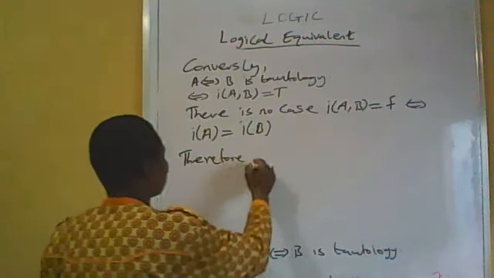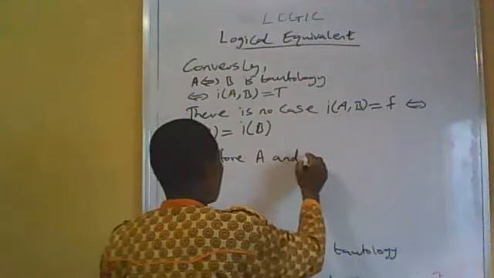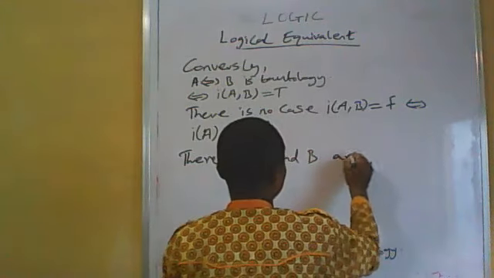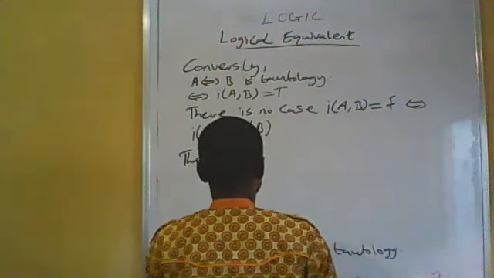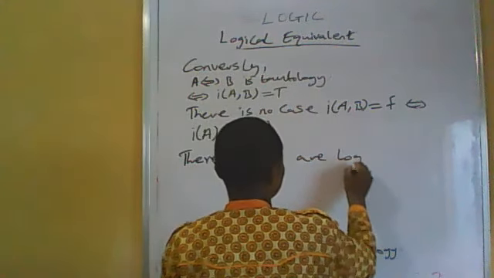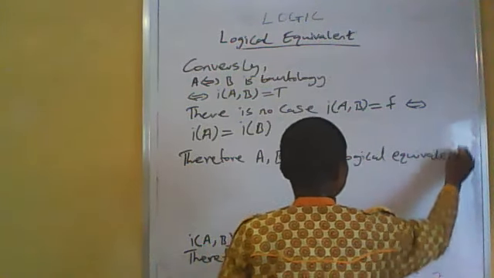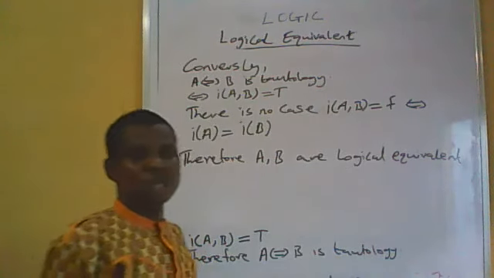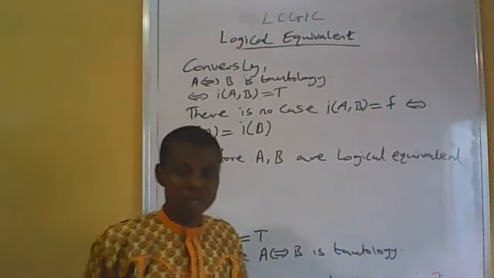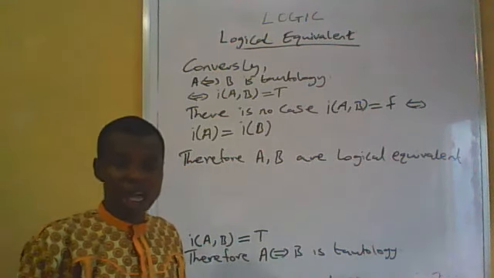Therefore, A and B are logically equivalent, because by definition, if I of A is equal to I of B, the two statements are logically equivalent.